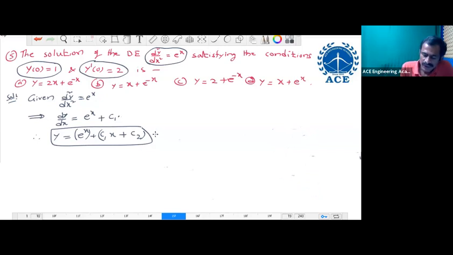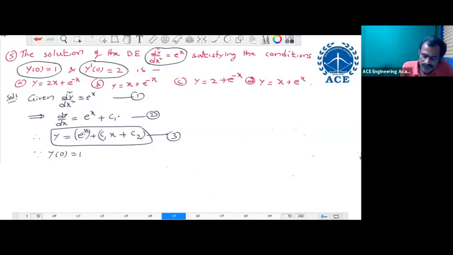So up to here, writing the general solution is completed. Now we write the particular solution. Here y of 0 equal to 1. Substitute x equal to 0, y equal to 1 in equation 3 only.